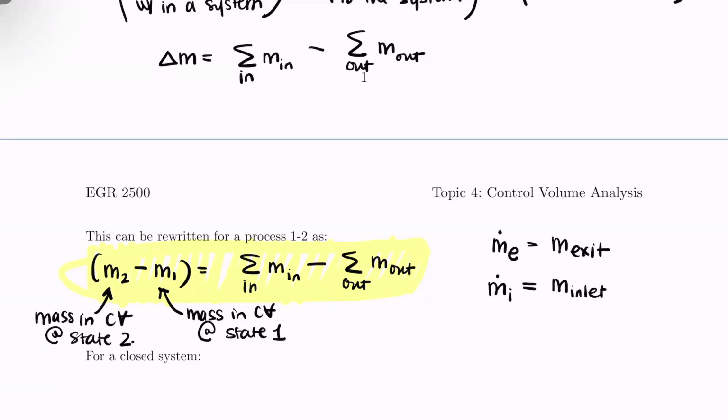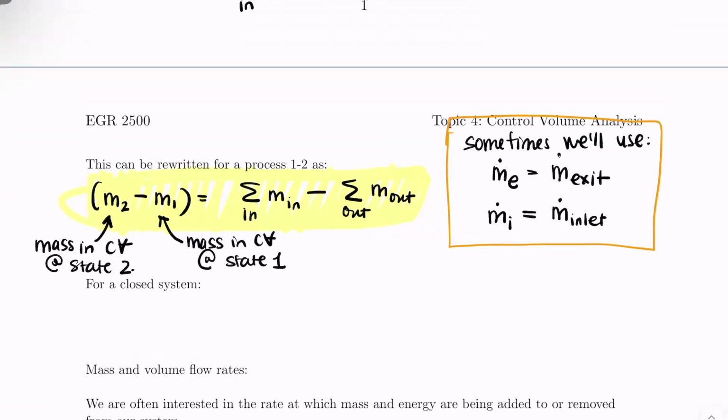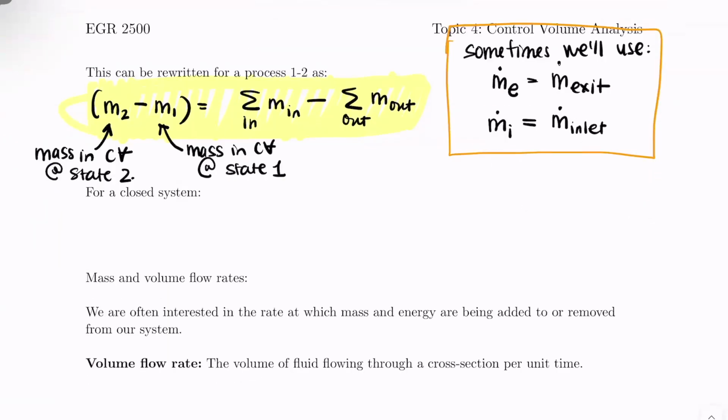So sometimes we use this convention, just as a note here. Okay, but I'll remind you if that comes up, or if there's a question about notation, just let me know.